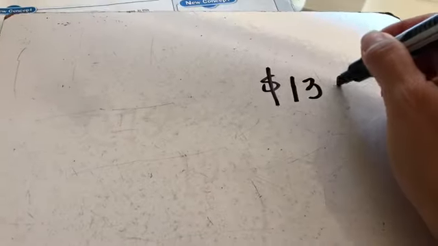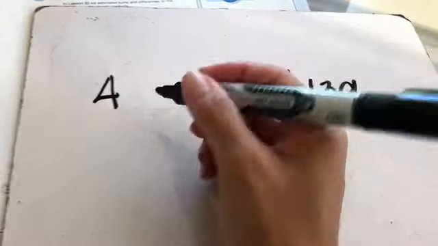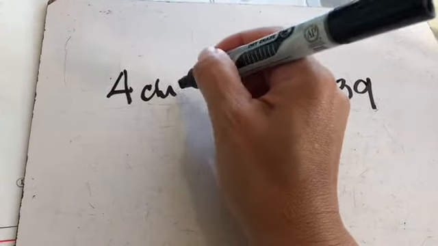Our first example, let's just say that your parents wanted to buy you and your siblings a brand new bike, but you all had to buy the same bike. And they found a great one that was $139 each. And let's just say with you and your siblings, there are 4 children.